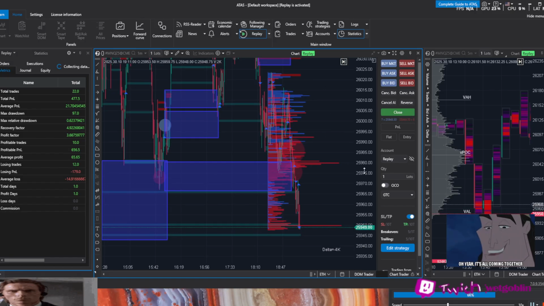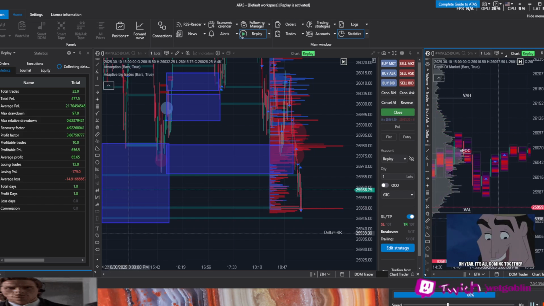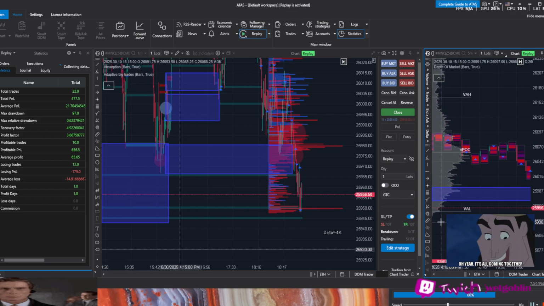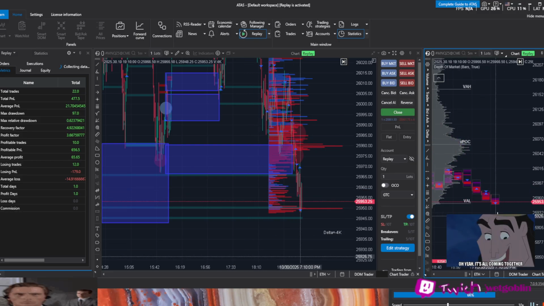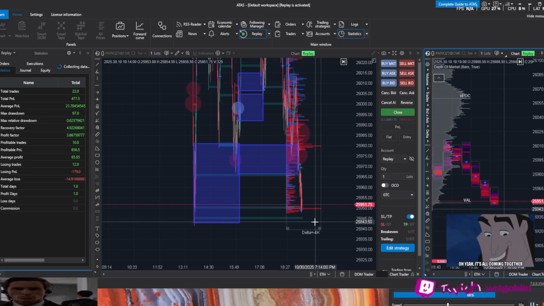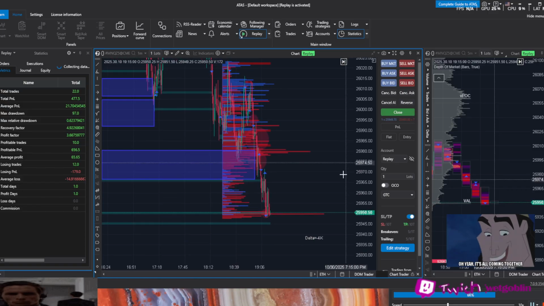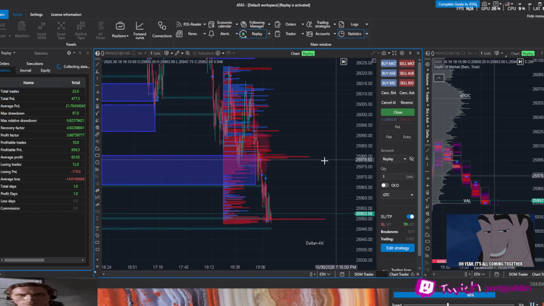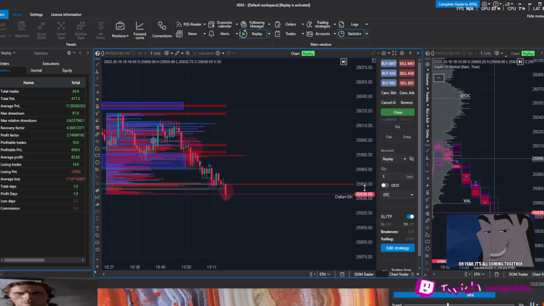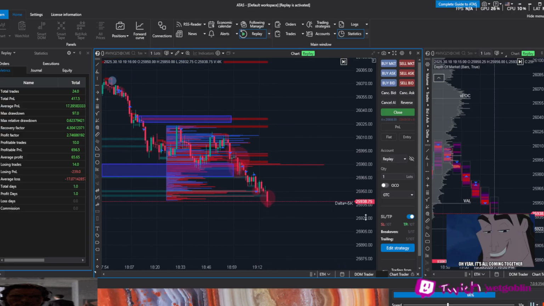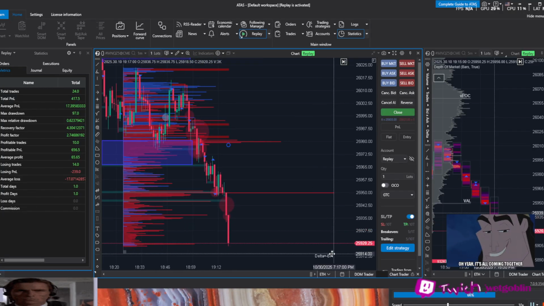But it keeps hitting a big wall of bid, and then it pops up a little bit, and then it pushes back through. Passive buyers, and you can see how significant this is, this is really where they're holding it. If I keep buying this, though, I'm just going to keep catching a knife.